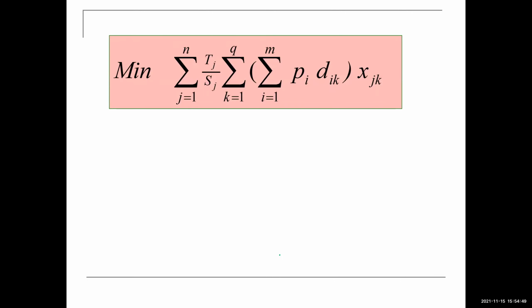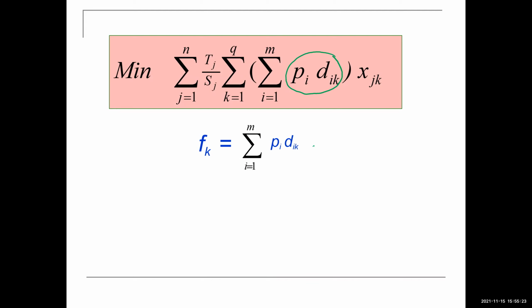So again, this is the objective function, and we can define a function based on these two parameters. We're going to call this Fk. Fk is going to be equal to the summation from i equals 1 to m of the frequency of movement of that product i times the distance traveled from door to the location.